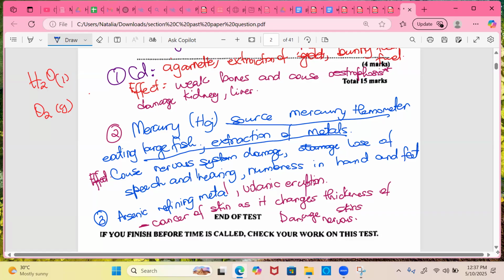So it's very dangerous. Then we have arsenic, which comes from the refinery of metal and volcanic eruption. Arsenic causes cancer of the skin, changes the thickness of the skin, and also damages the nervous system. So those are some toxic metals.